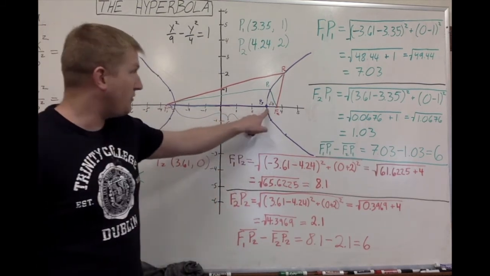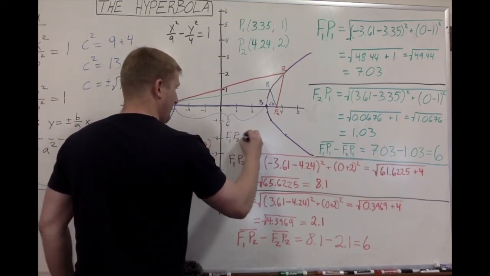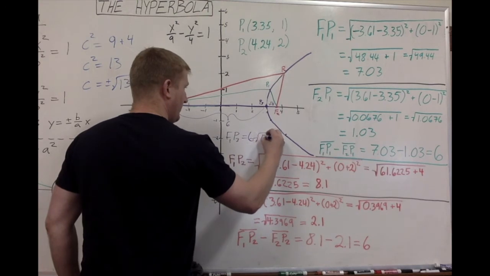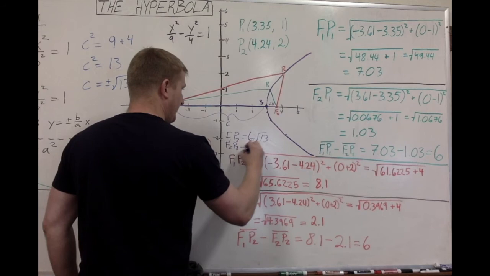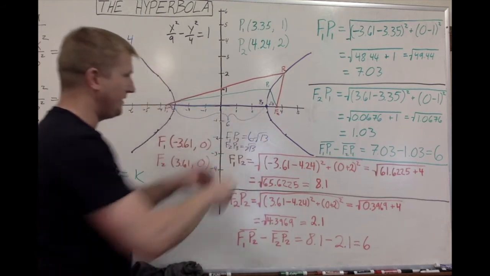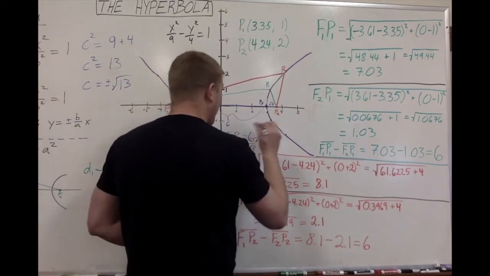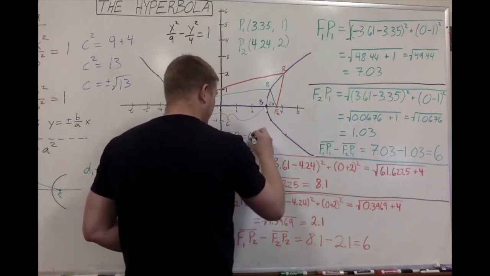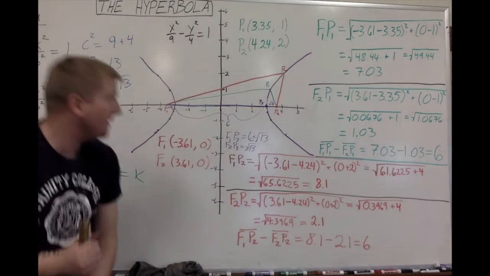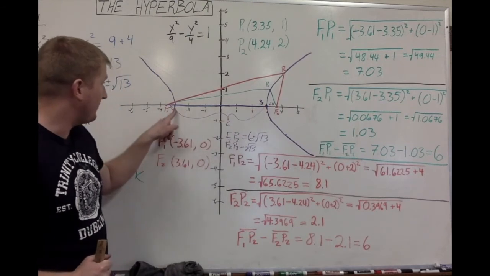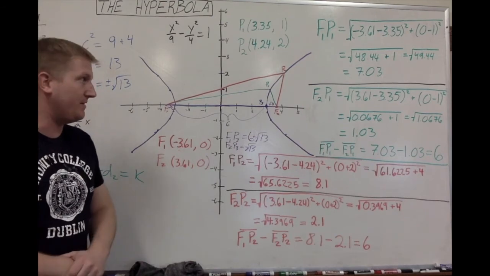So F1 to P3 is 6 plus root 13, and F2 to P3 is just root 13. Sorry, that's not 6 times, it's 6 plus root 13. Now if we take the difference of those, we find that we get, again, the distance between these two vertices, which is 6, just like for the ellipse.